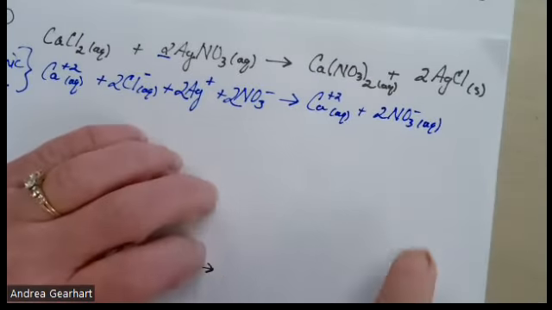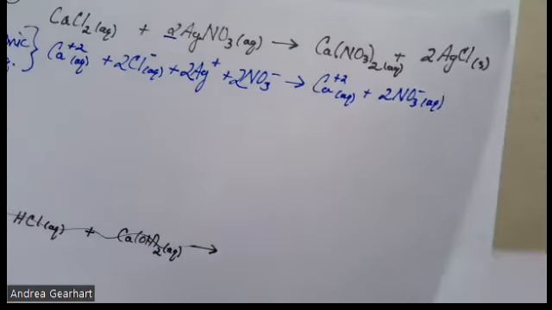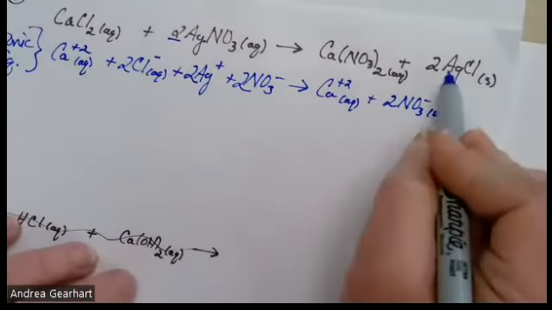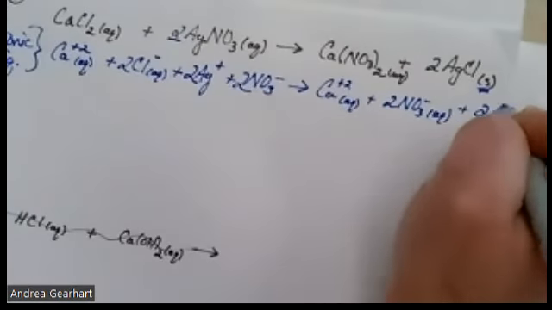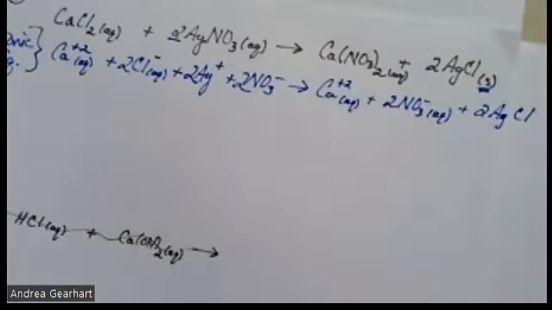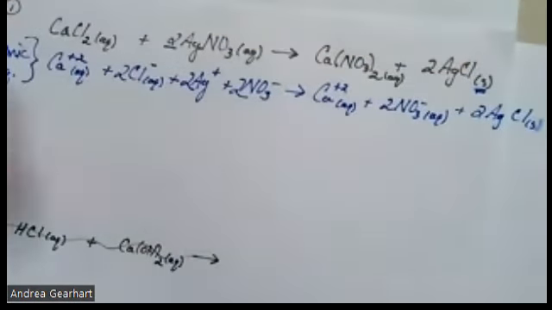All right, then what do I have next but neutral, insoluble silver chloride? This is not existing as separate ions. Okay, this is the ionic equation. It shows anything that is existing as an ion. Oh, I forgot that phase symbol. All right.